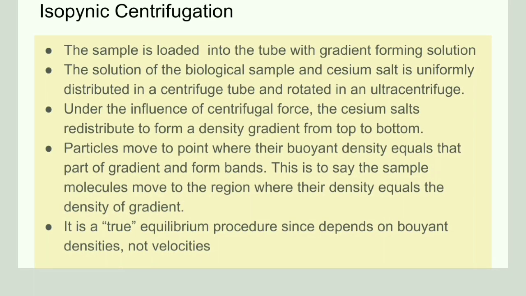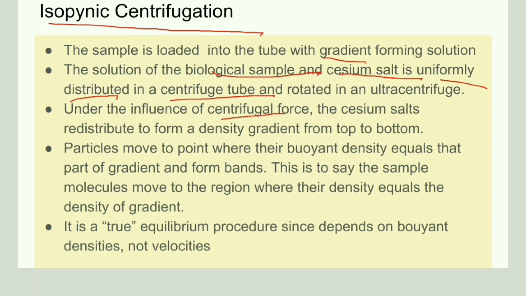So next, we will discuss isopycnic centrifugation. This centrifugation is also based on density gradient. A biological sample and cesium chloride are uniformly distributed in a centrifugation tube and allowed to centrifuge.